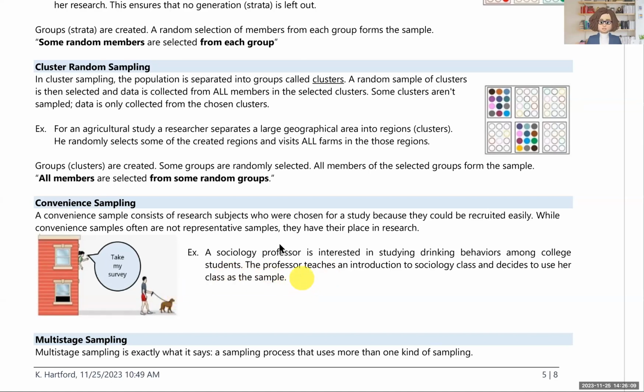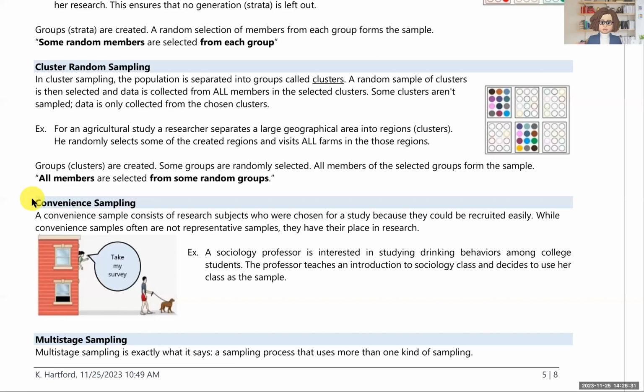So certainly convenient. Her students are right in front of her, but she would only be representing her own students and only students taking sociology. So there is a definite limitation to doing this convenience sample, but sometimes even though they tend not to be representative, they can be a helpful tool in research as well.